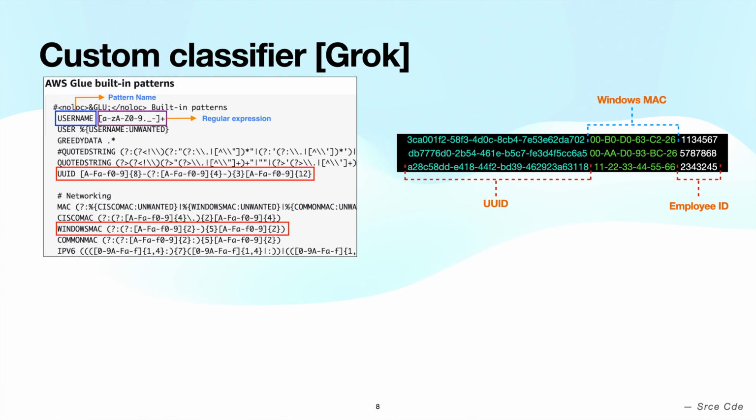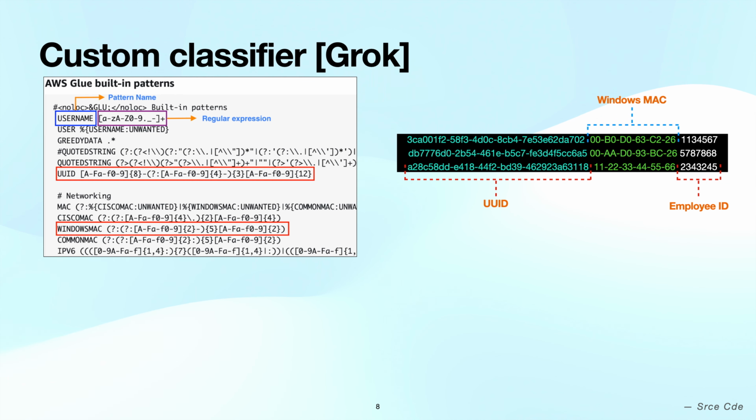Now here the keyword you see initially, which is highlighted in blue, is nothing but the pattern name, and it is followed by the regular expression which is highlighted in purple. So this is the syntax to define any custom pattern. Now these patterns are defined as part of the AWS Glue built-in patterns.